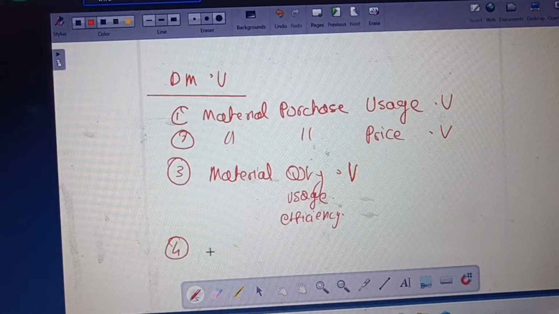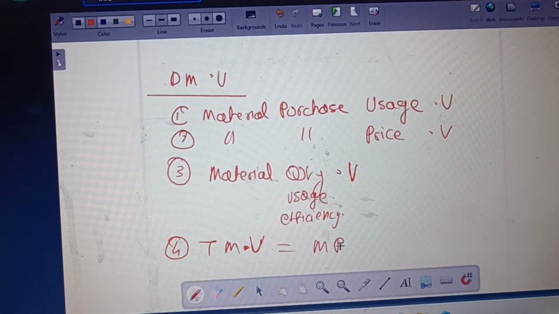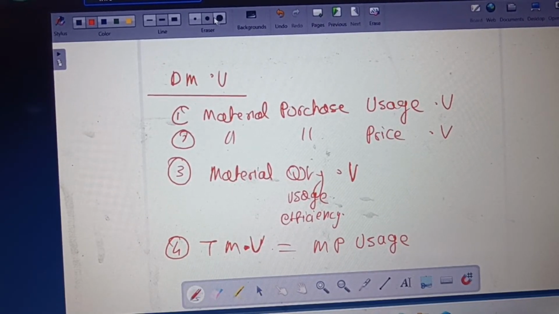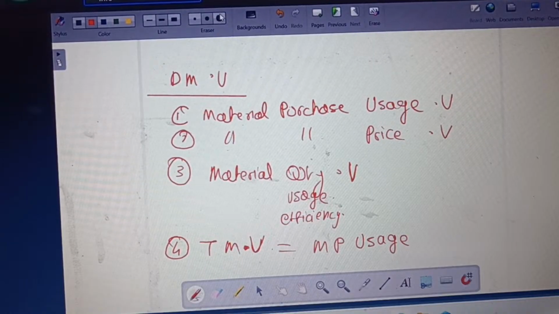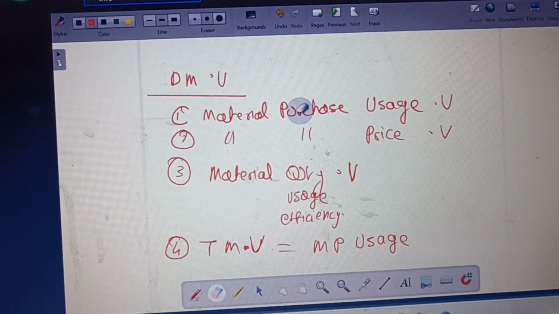Then with this quantity variance, what we get finally is the total material variance. That is material purchase usage variance, and that is price variance.